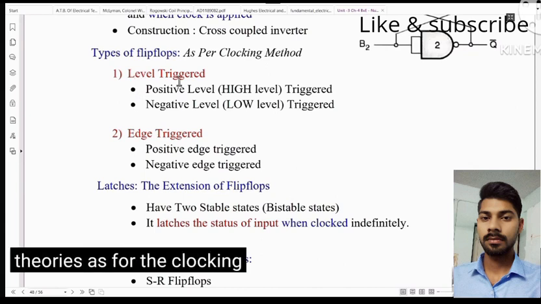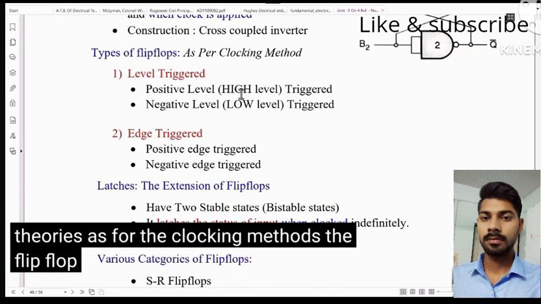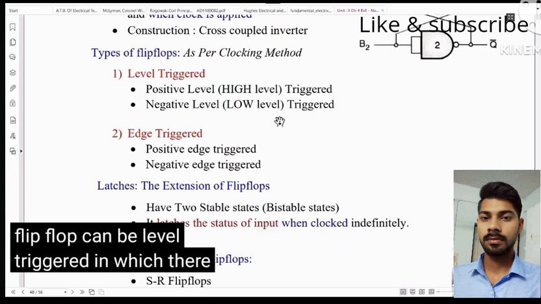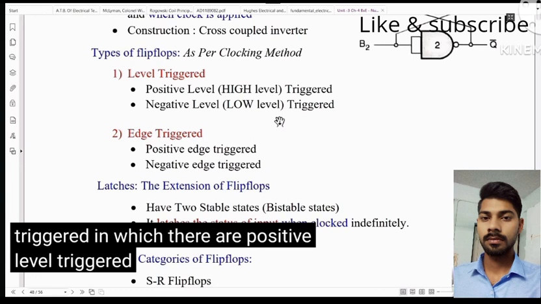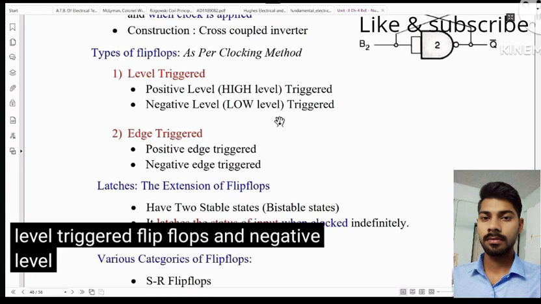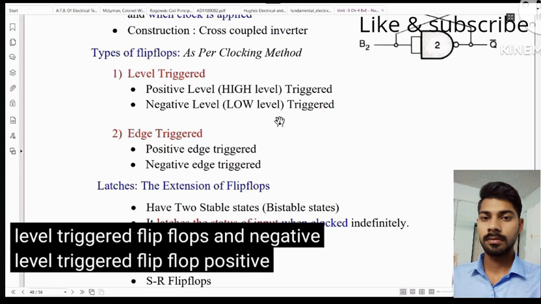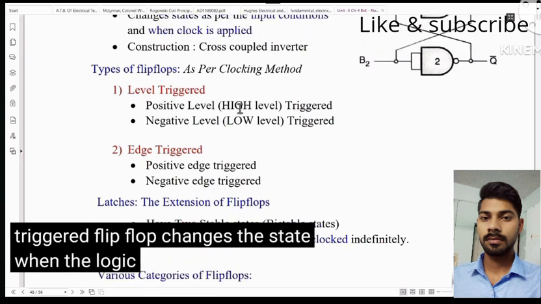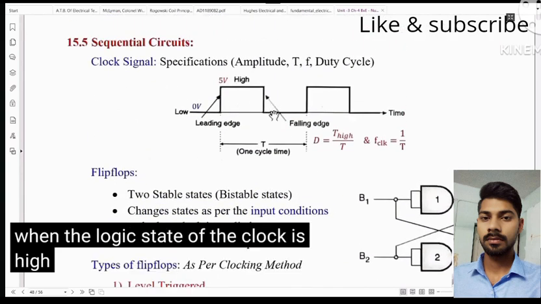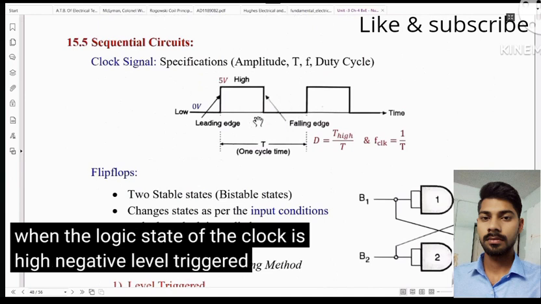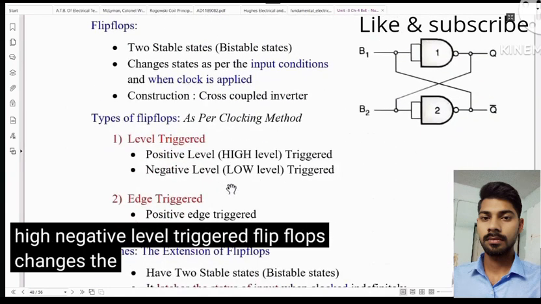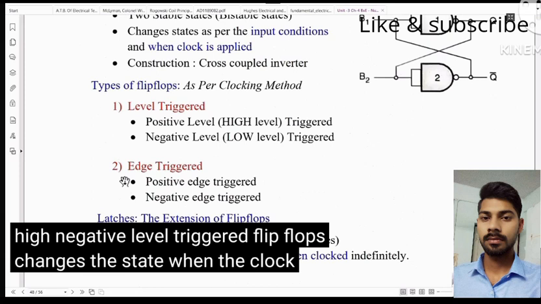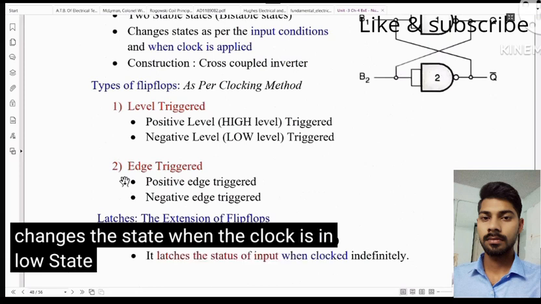As per the clocking methods, the flip-flop can be level triggered, in which there are positive level triggered flip-flops and negative level triggered flip-flops. Positive level triggered flip-flop changes the state when the logic state of the clock is high. Negative level triggered flip-flops change the state when the clock is in low state.